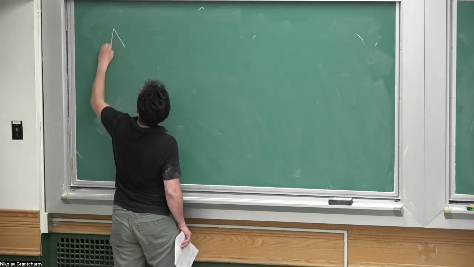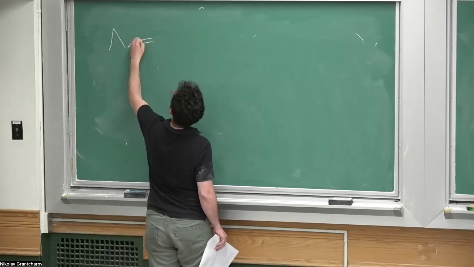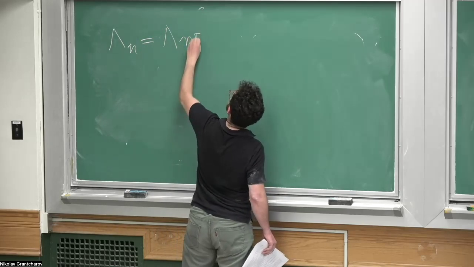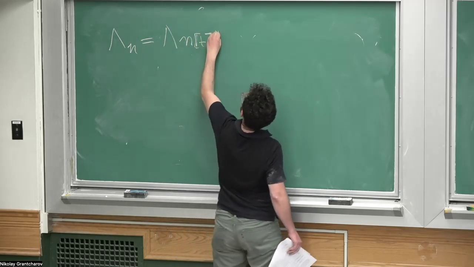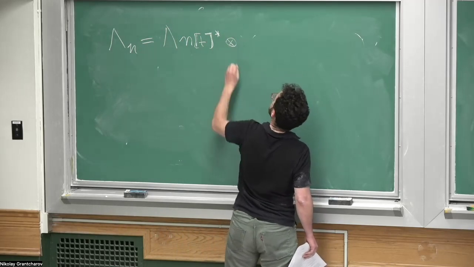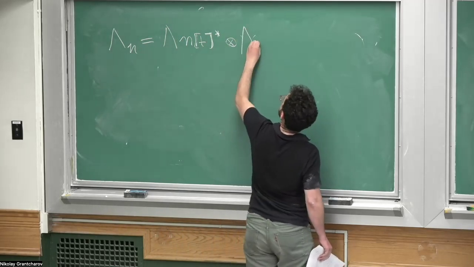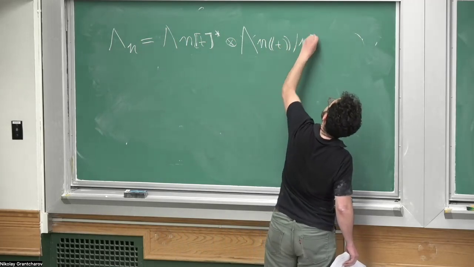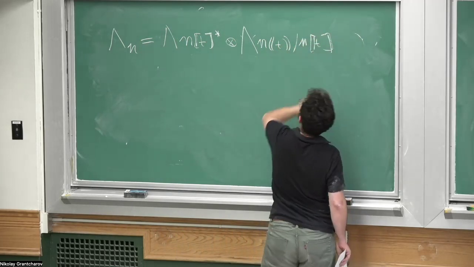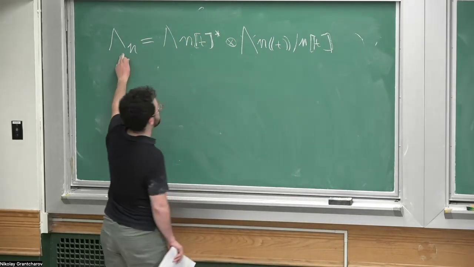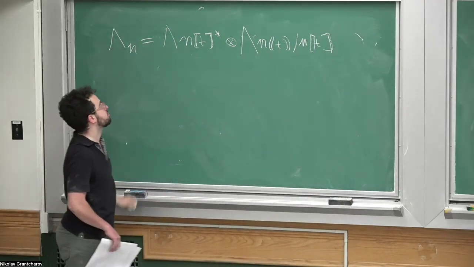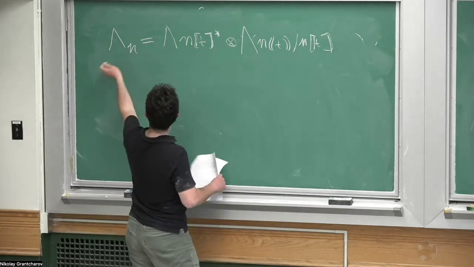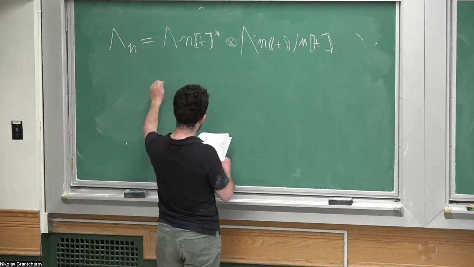I'm going to write that in short annotation. And the statement is that this is going to be just a tensor product of a well-known vertex super algebra. So here is how to write it explicitly.